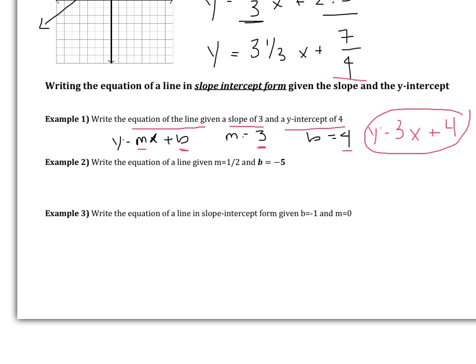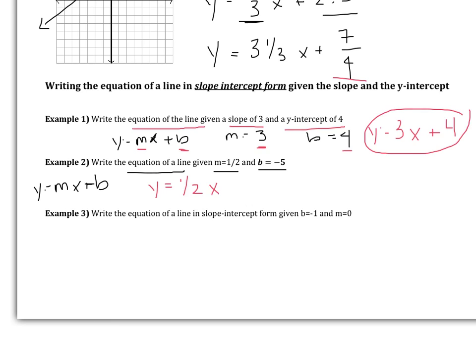All right, let's do another one. Write the equation of a line given that m is 1/2 and b is negative 5. I know that the equation of a line is y equals mx plus b, so I'm going to substitute. Y equals m, which is 1/2, times x. So y equals 1/2 x, and then we have plus negative 5.